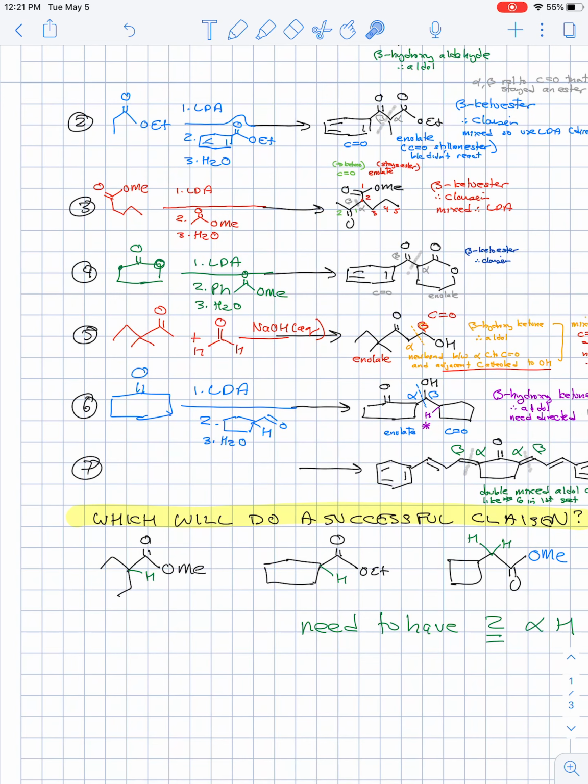I think this is a great time to abbreviate the benzene ring. So we're going to take Ph, so this molecule. And notice, yes, it does have an alpha hydrogen here, but it's a vinyl alpha hydrogen, which is not useful in the context of making an enolate.